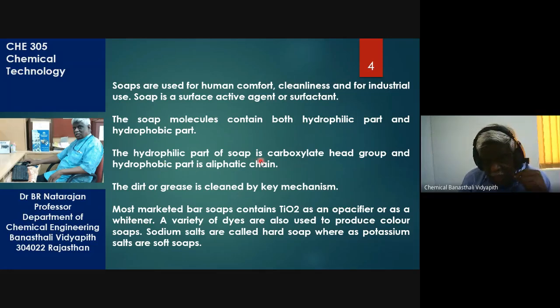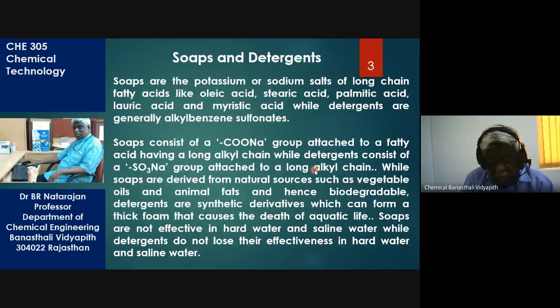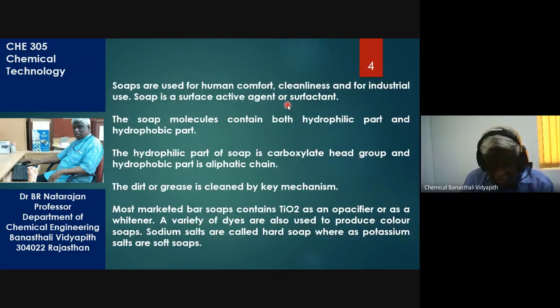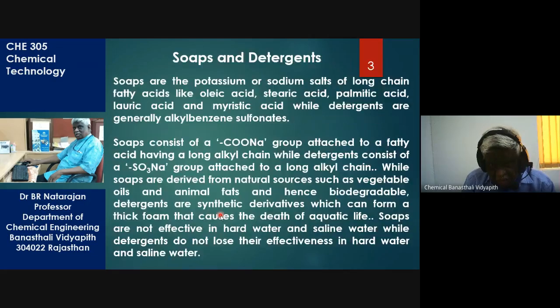The hydrophilic part of the soap is the carboxylate head group and the hydrophobic part is the aliphatic chain. Remember, soaps are potassium sodium salts of long chain fatty acids. So the hydrophobic part is the fatty acid part and the hydrophilic part is the COONa part.